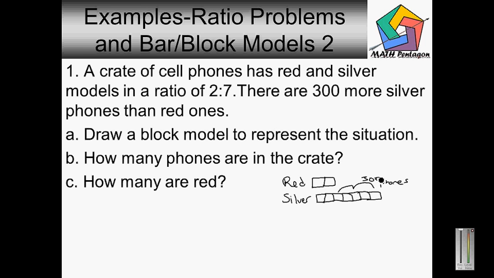Well, for each crate, we would have to divide 300 by 5. So we would write it out like this. 5 goes into 30 6 times and 5 goes into 0 0 times. So for each crate we have 60 phones.